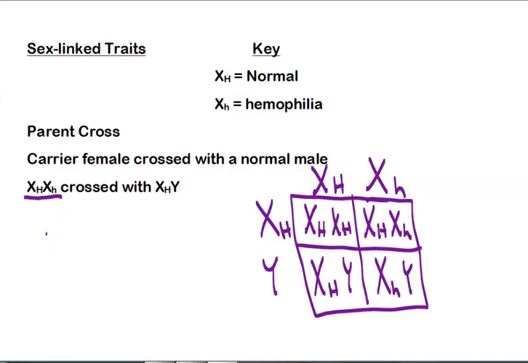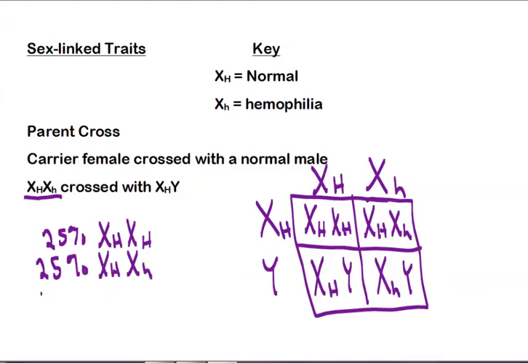So in this case, you have a 25% chance of having a female offspring that is not a carrier or does not have any presence of the hemophilia allele. You have a 25% chance of having a female offspring that is a carrier of that allele, a 25% chance of having a normal male, and a 25% chance of having a male that has hemophilia.